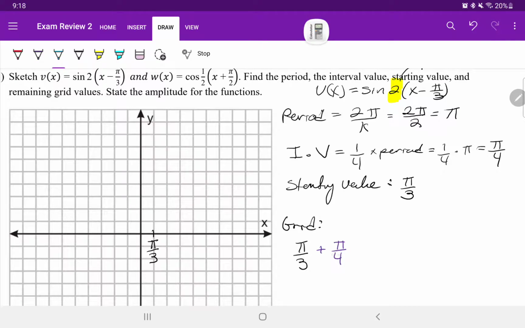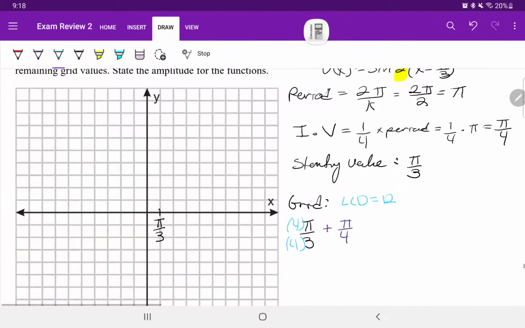So we're going to multiply each denominator until they're the same. The least common denominator in this case is 12. So multiply the first fraction denominator by 4. Do the same thing to the top. The second one you'll multiply by 3. And then do the same thing to the top as well.